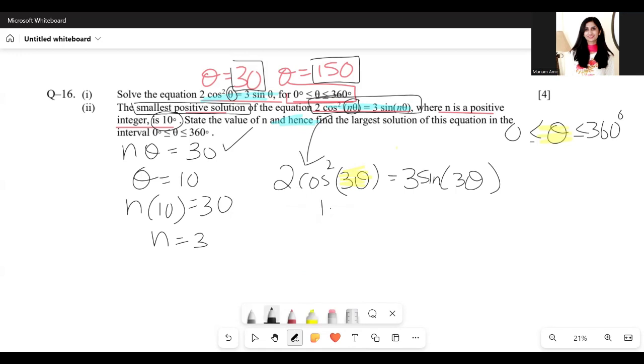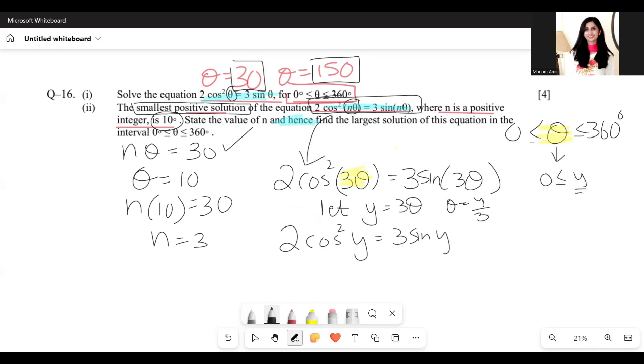So I'm going to use the technique taught in class: let y equal 3 theta. So this becomes y, and I have to write the domain in terms of y as well. So we can write theta equals y upon 3, 0 to y upon 3 here, 360 degrees here.